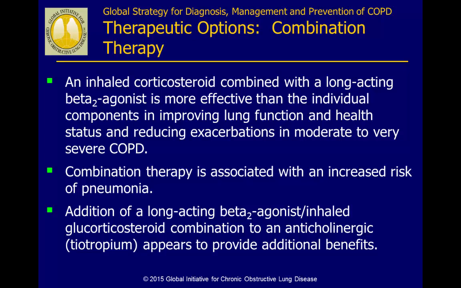Okay, LABA combined with inhaled corticosteroids is even more effective than LABA alone. Remember that LABA alone is not encouraged because of the high risk of cardiac mortalities. In addition, you could combine beta agonists with inhaled corticosteroids as well as you could combine them with anticholinergic therapy.